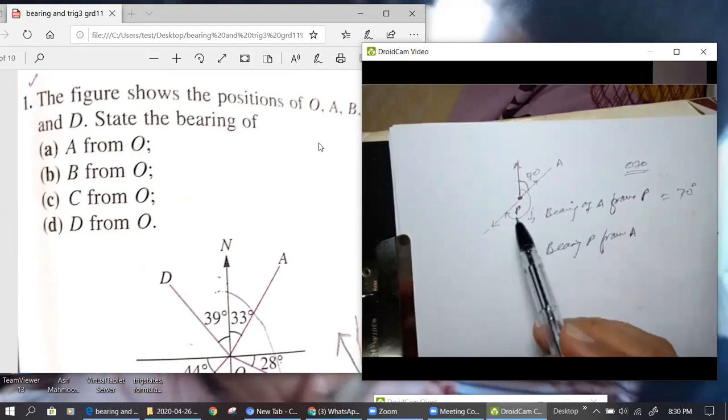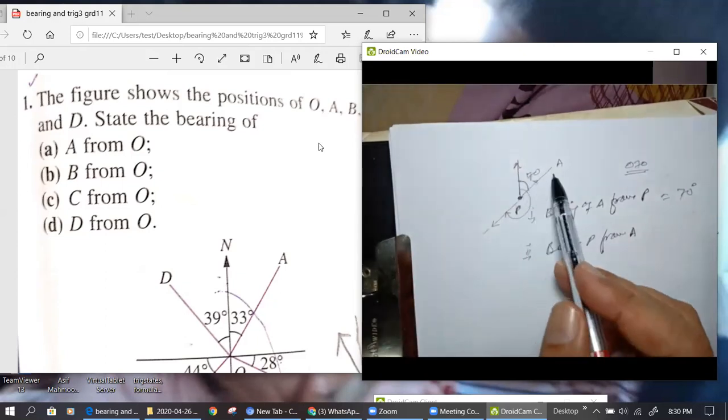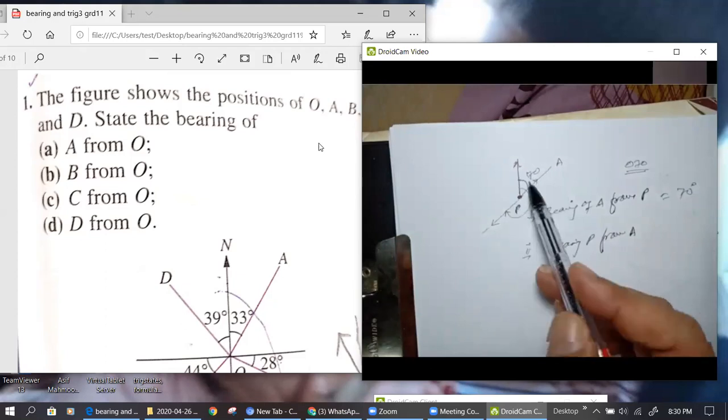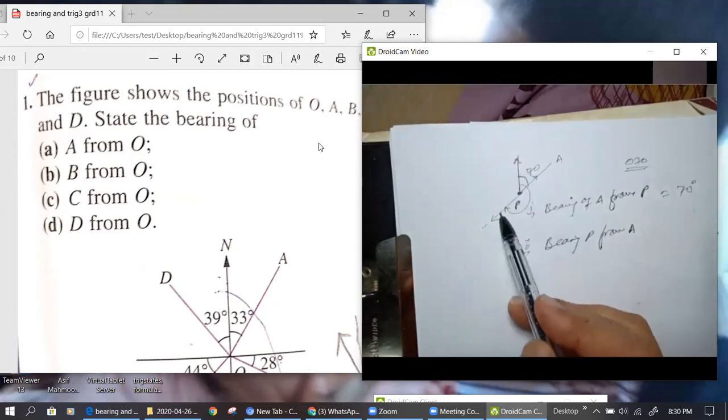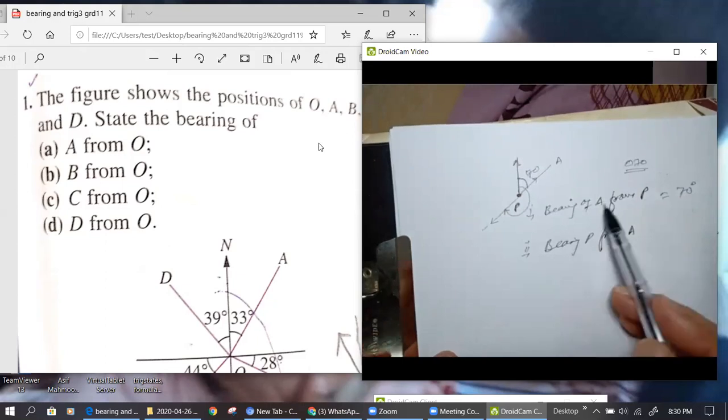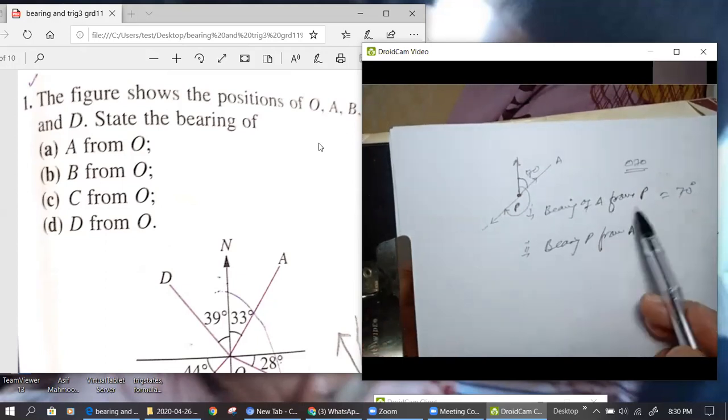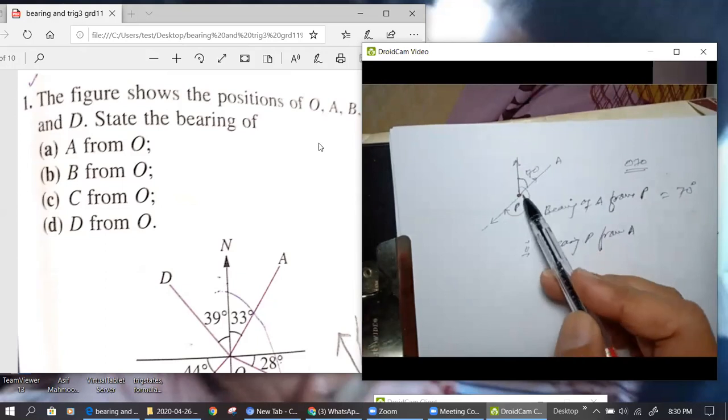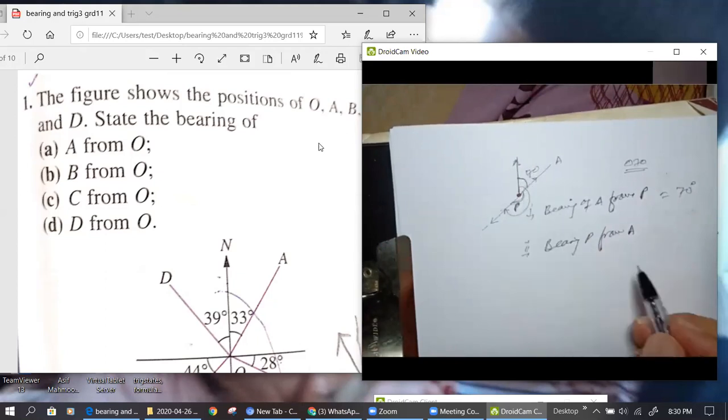So here the order of letters is reversed: bearing of P from A. This 180 is compulsory, and this is 70, so the total is 180 plus 70, which is 250. So 250 is your answer.